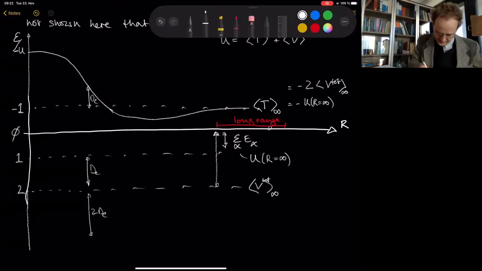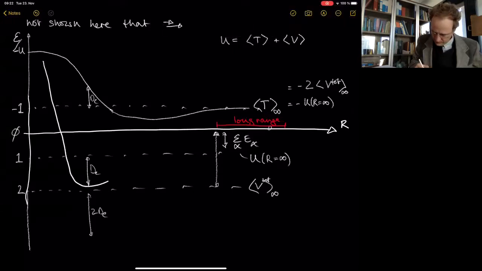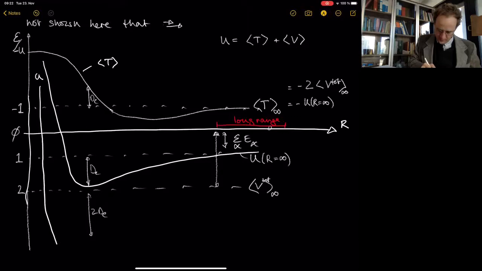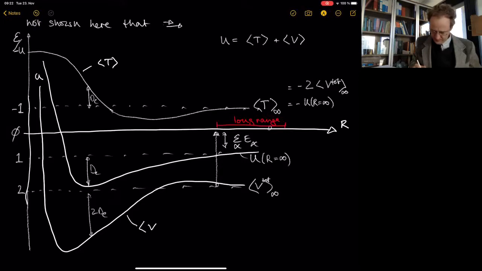This is our binding curve, U. This is U. This is T. And we have something like that.